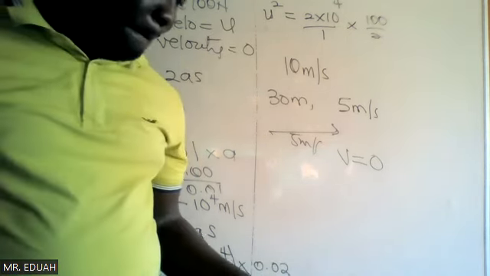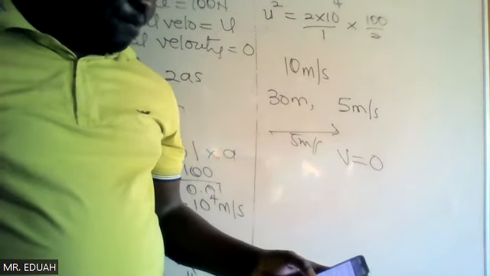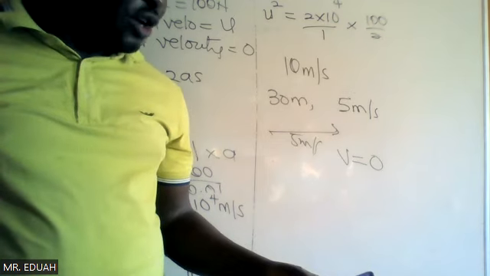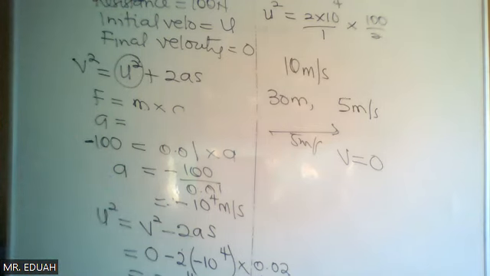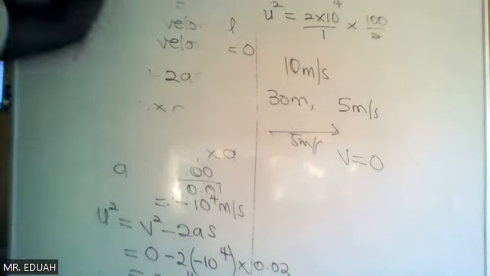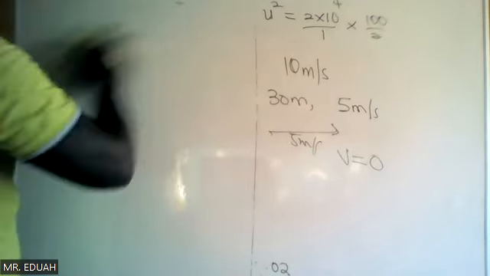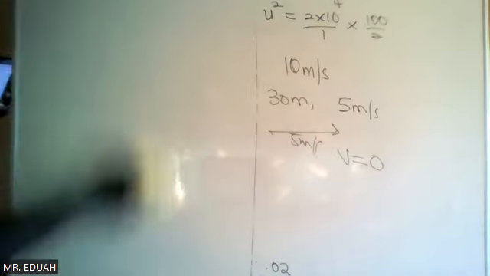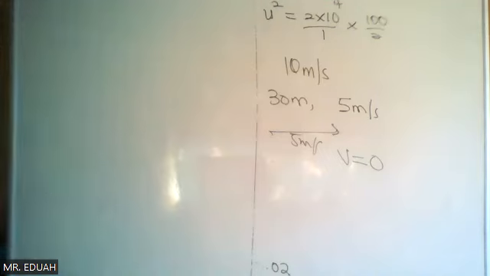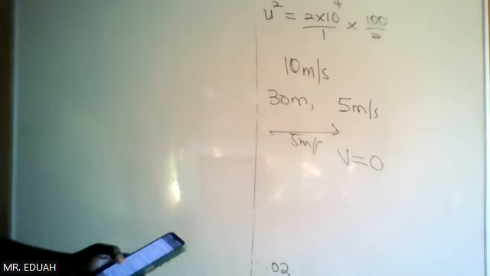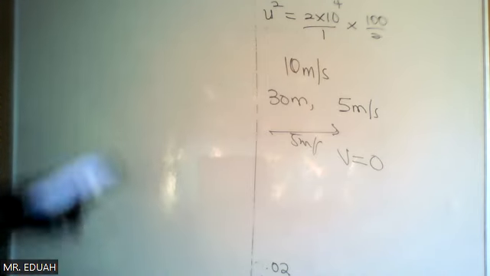Question 4. A car is moving on a straight road. Let me clean the board. Question 4, we have to calculate. A car is moving on a straight road with a speed V0.